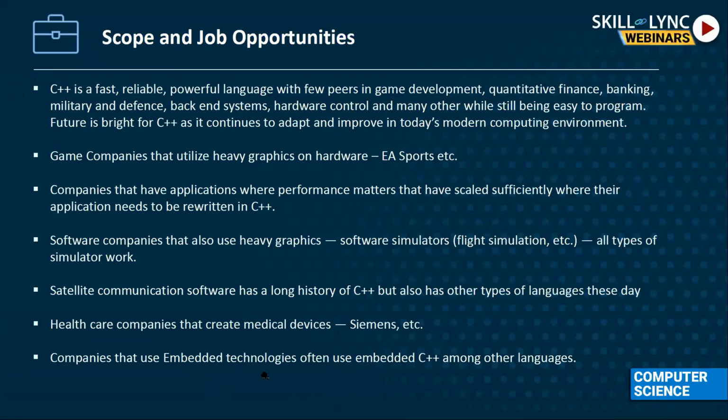So this is a very powerful language that can be used in multiple domains: the game industry, the CAD industry, the healthcare industry, and majorly electronics with embedded C++. If you learn C++ well, then the future is bright, and you have job opportunities in these domains and these types of companies.